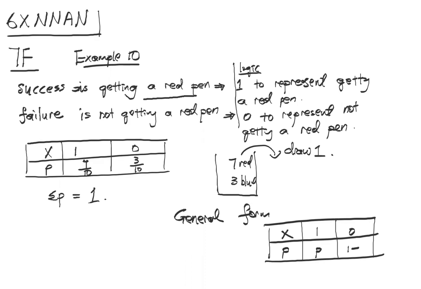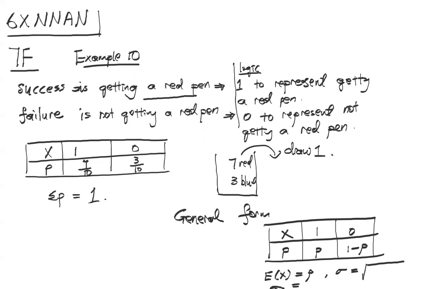1 minus P. That's why they say the mean is equal to P. And the standard deviation is equal to the square root of, so you use the formula the book has given you.